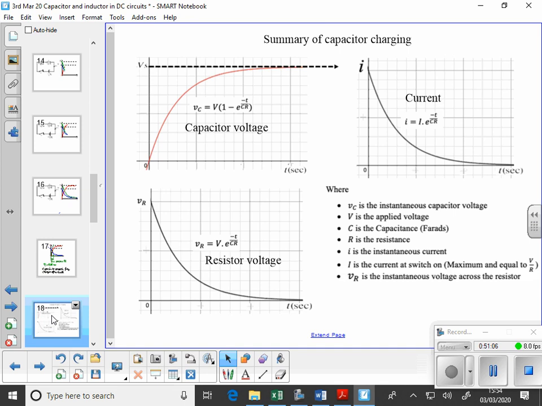It's called an exponential rise to a limit, that limit being the number we put in front here, Vs. The way that works is, this bit, e to the power of minus t over the time constant, is always worth a little bit. So there's always 1 minus a little bit, so therefore that bit in the brackets can never equal 1. And therefore you can never actually, in theory, reach the full applied voltage.